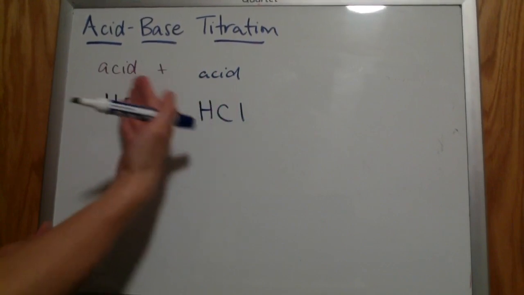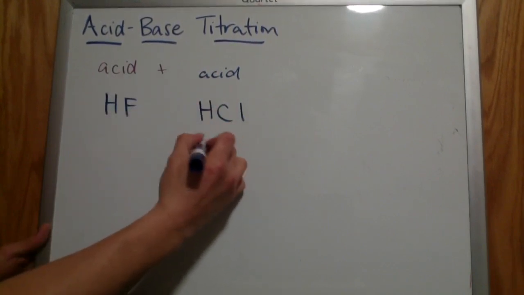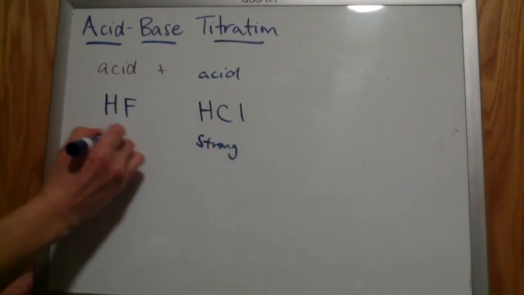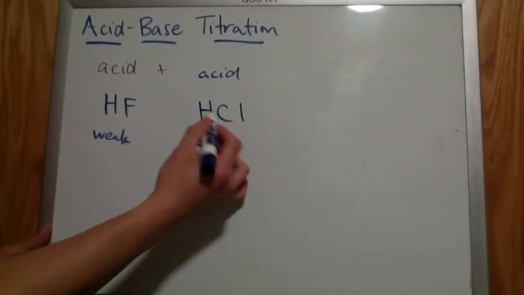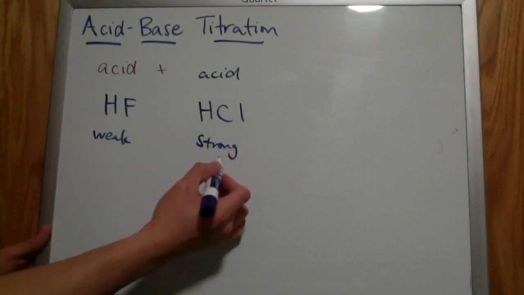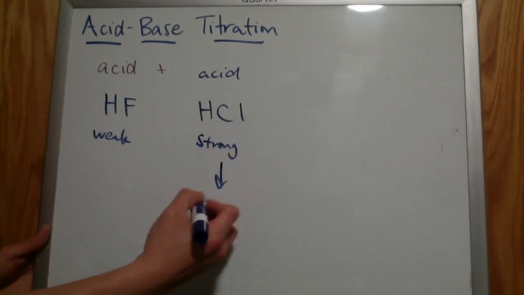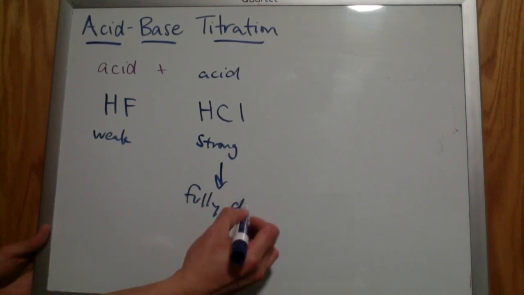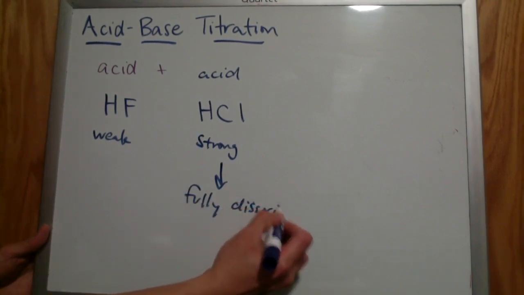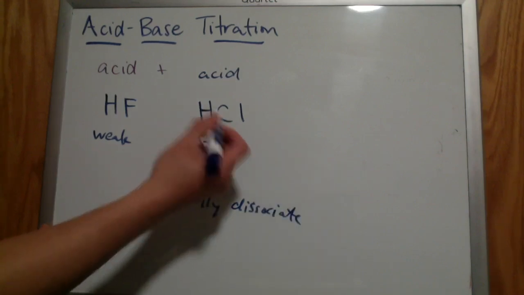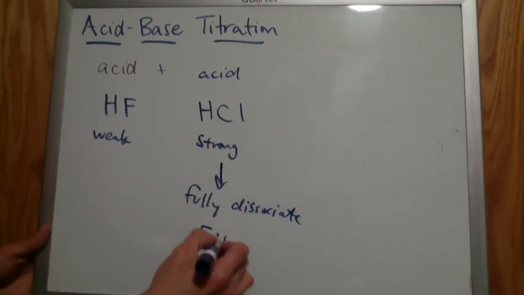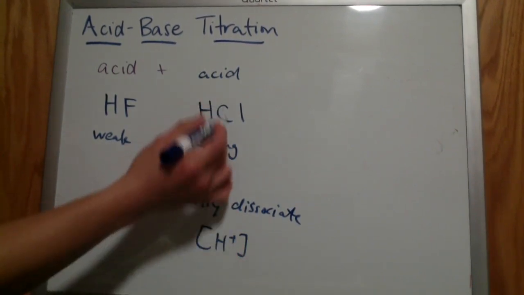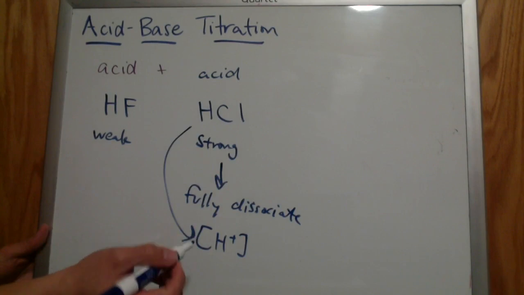And in order to figure out their pH, since in this example this is a strong acid and this is a weak acid, we would take all the H plus concentration from the strong acid, and it would fully ionize or fully dissociate because it's strong. So whatever the concentration of HCl was, that would equal the same concentration as the H plus. So 100% of this would fully dissociate, and that would be the same concentration.